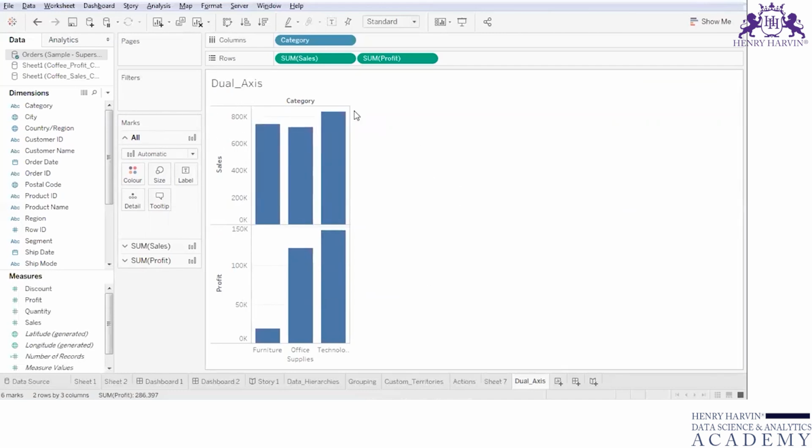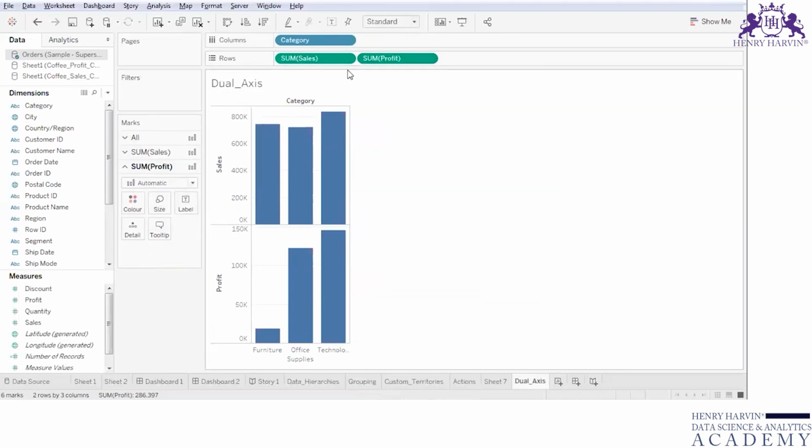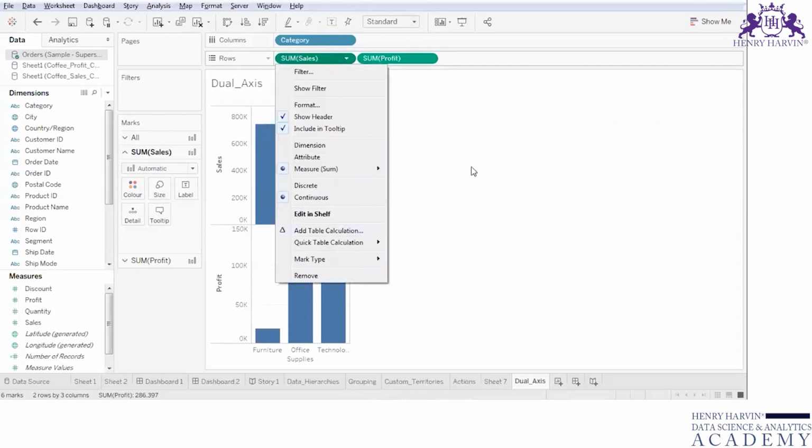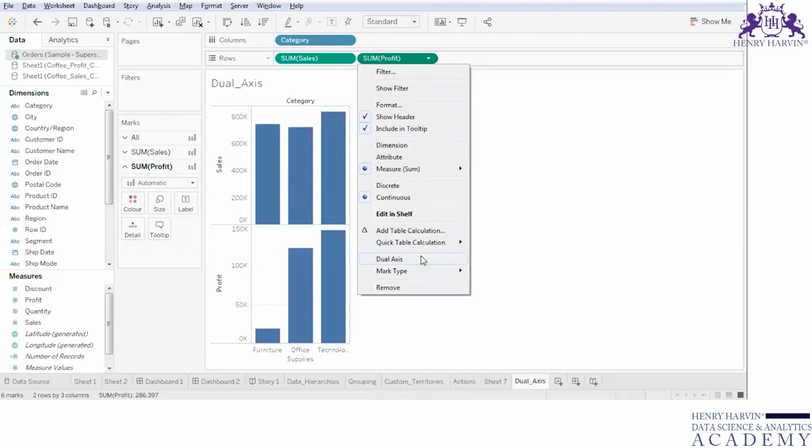For that, in the drop down of profit, I get an option, dual axis. One thing to remember is, if you look at these two pills, in the drop down of sum of sales you don't get an option to add a dual axis. But in the field sum of profit, you get an option to add dual axis.